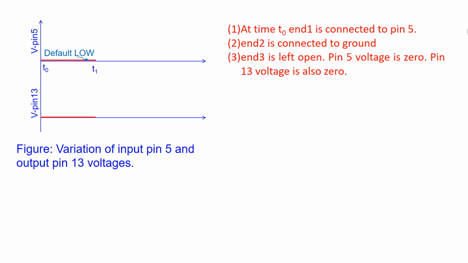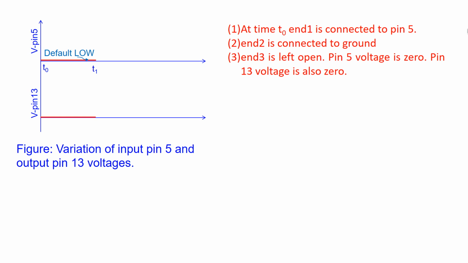The above mentioned process is explained here using a time diagram. At time t0, end 1 of a fly lead is connected to pin 5. End 2 of the fly lead is connected to ground and end 3 of the fly lead is left open.